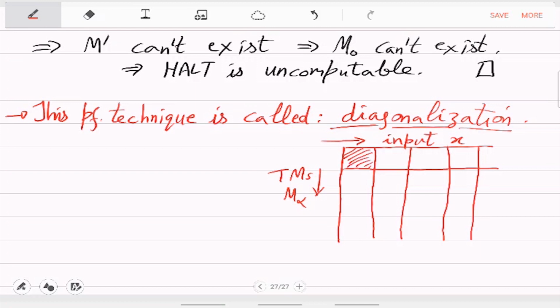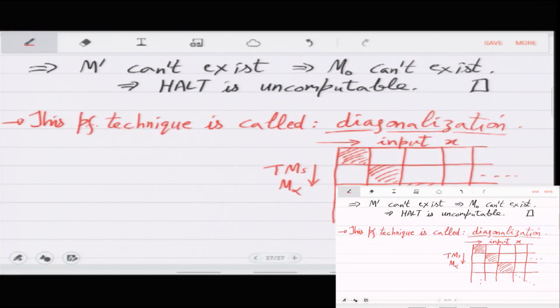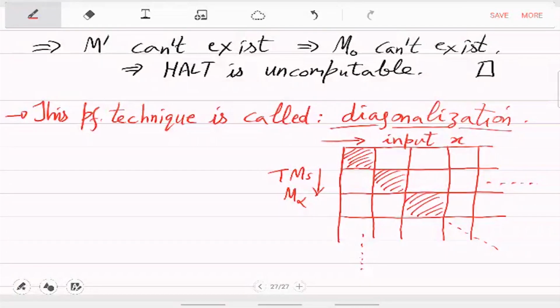So, alpha comma alpha is referring to the first diagonal entry. Then for the second string, it is the second diagonal entry, alpha on alpha. Then the third alpha acting on the third alpha as input, and so on. Okay, so this is the diagonal being talked about.